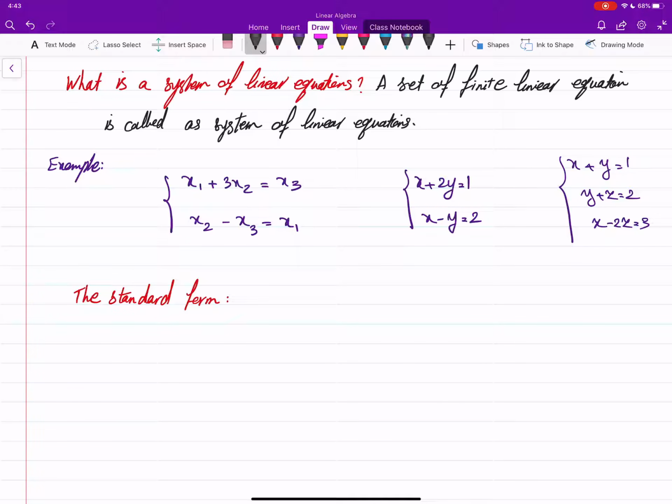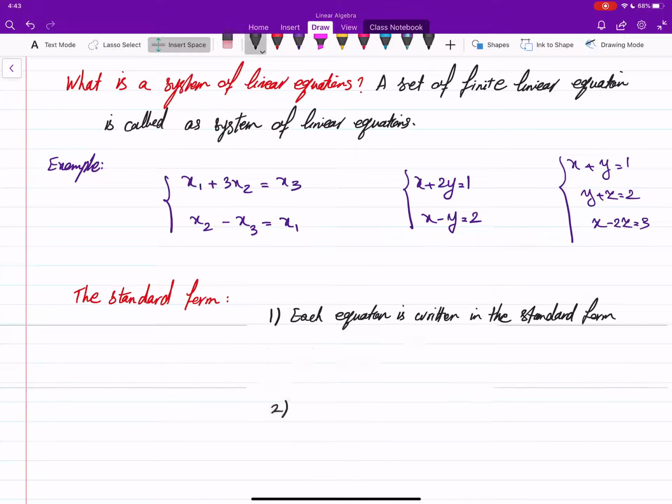We say a system of linear equations is written in the standard form if it follows these two conditions. First of all, each equation is written in the standard form. What is the standard form?